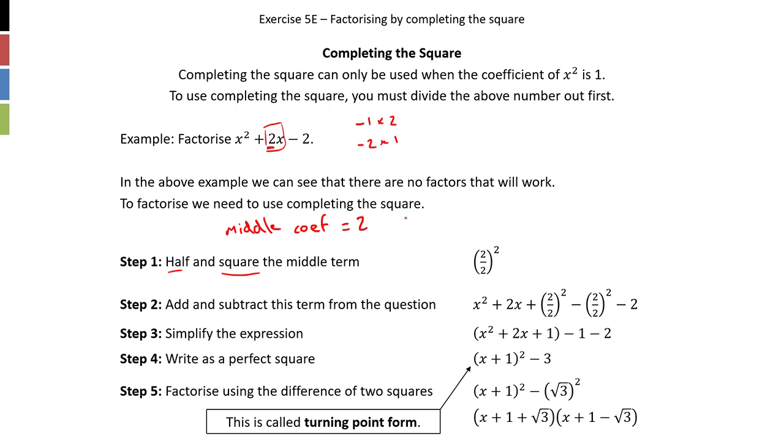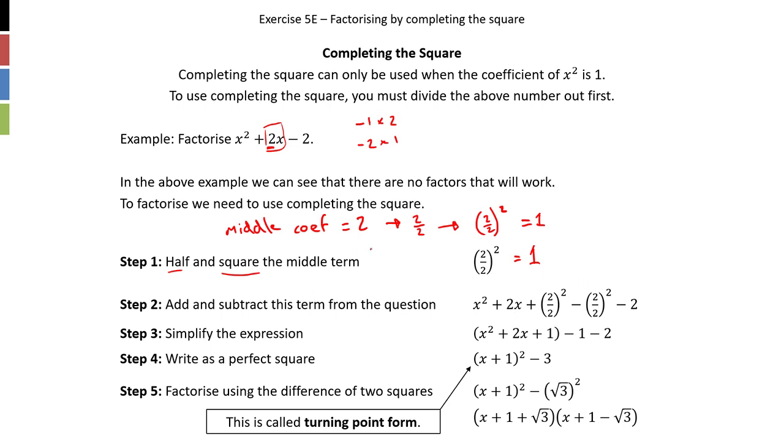So I'm going to halve it, so it goes into 2 over 2, and then I'm going to square it. We're always going to do that. That's our first step. So we're going to go 2 over 2 squared. In this case, 2 divided by 2 is 1. 1 squared is 1. So we get a 1, but I'm going to leave it in this form through this working so you can get a bit of a hint, at least at the start.